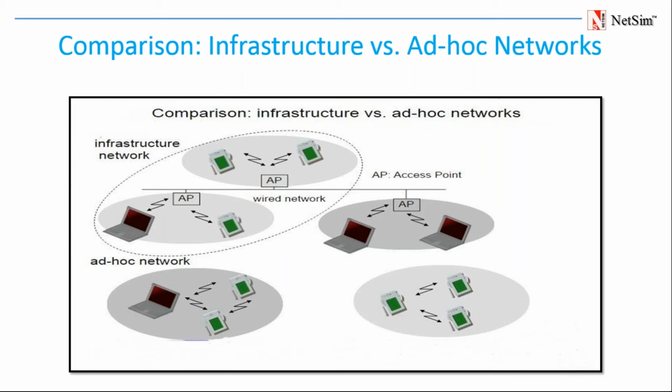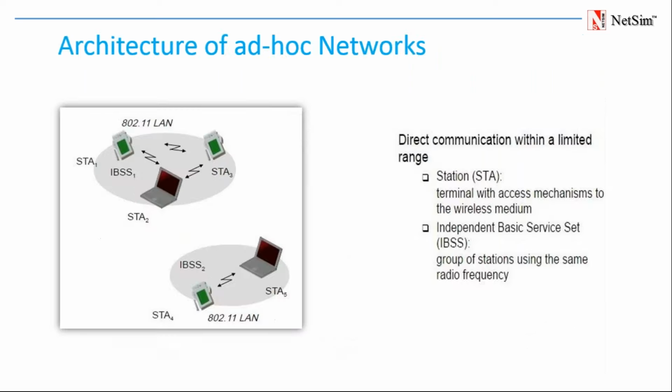Then this is the pictorial view comparing infrastructure and ad hoc network, where in infrastructure network we can see the devices communicate among them using an access point connected through a wired LAN, whereas in ad hoc network, devices communicate among them using a set of protocols like DSR, AODV, OLSR, and ZRP protocol. So this is the basic architecture difference between ad hoc network and infrastructure network.